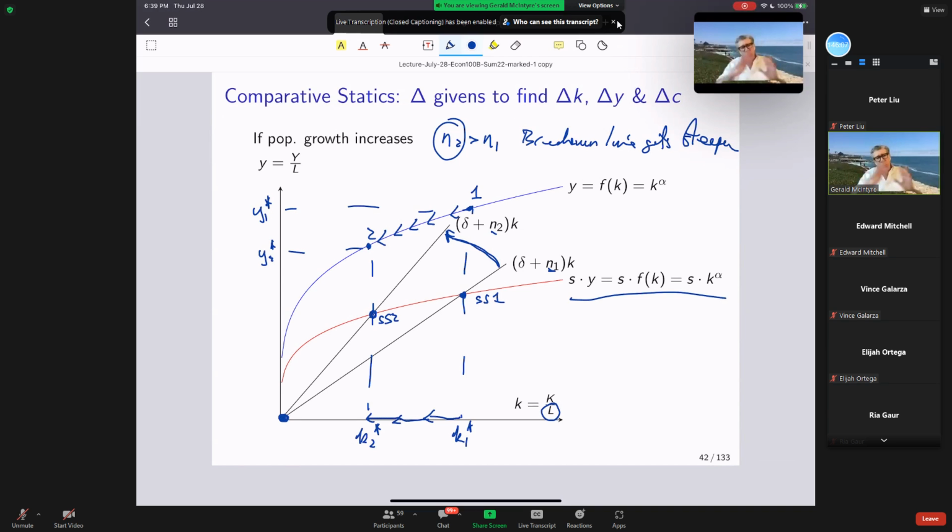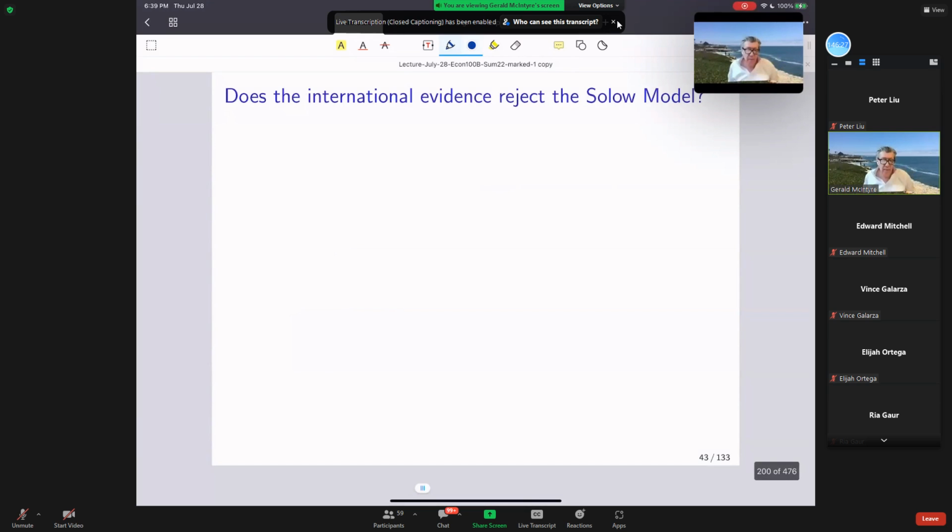And this model says countries with high population growth rates, such as N2, would have relatively low levels of output per worker, and countries with relatively low population growth rates, like at N1, would have relatively high levels of income per person. And here's the data.